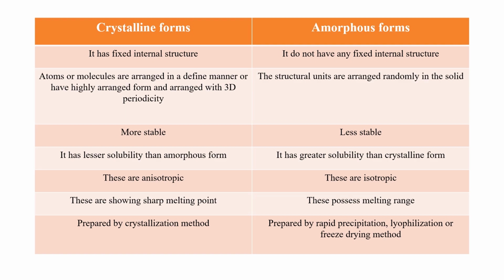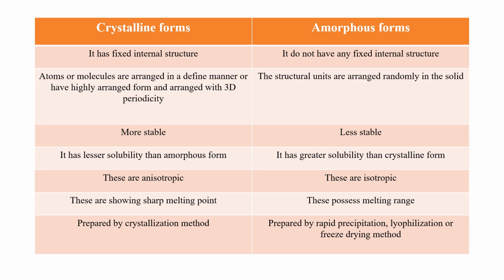The crystalline forms are anisotropic in nature, and the amorphous forms are isotropic in nature. Crystalline form shows a sharp melting point, and the amorphous form shows a melting range. It doesn't show any sharp or specific melting point. It shows a melting range.